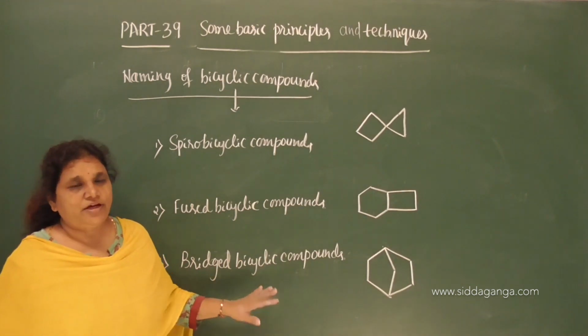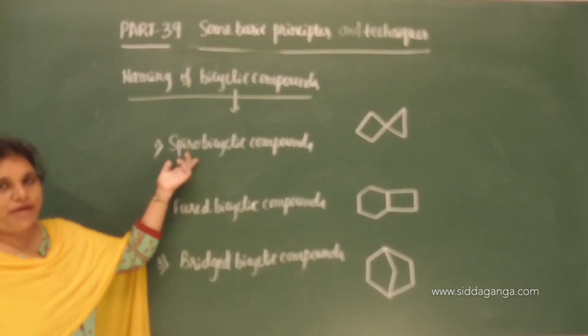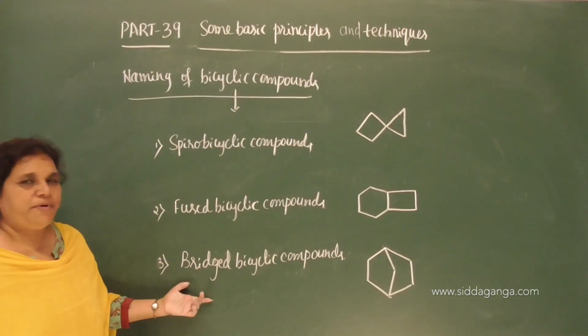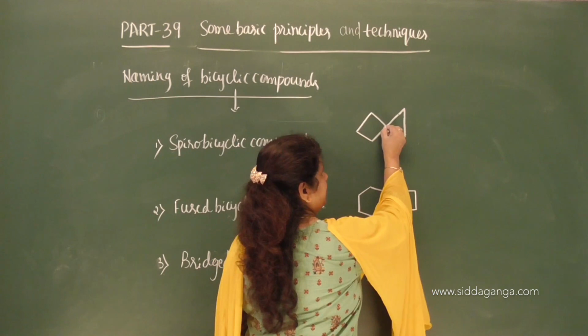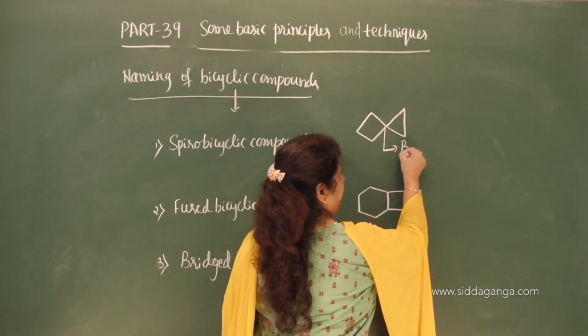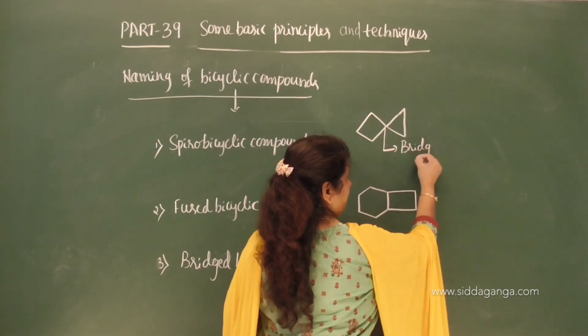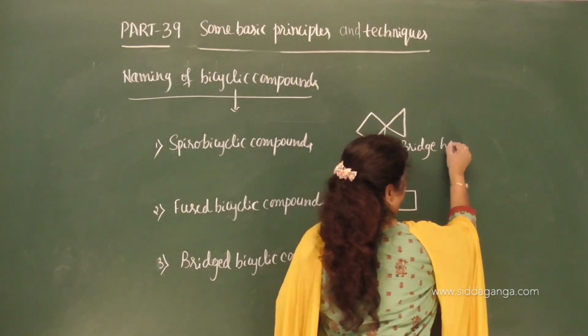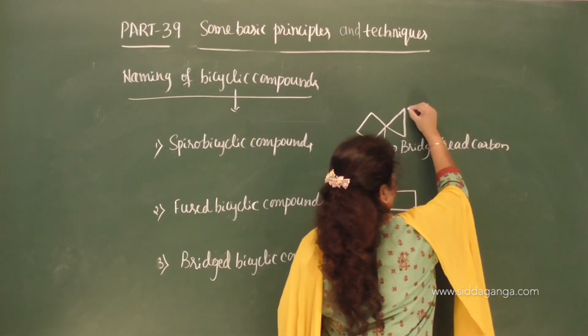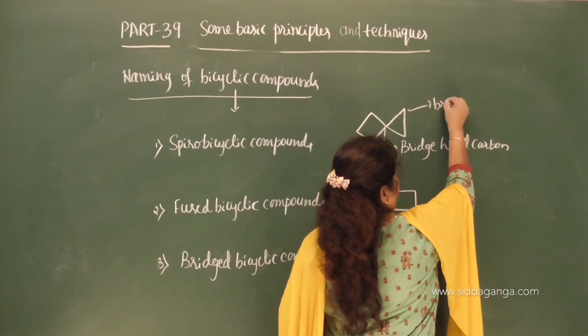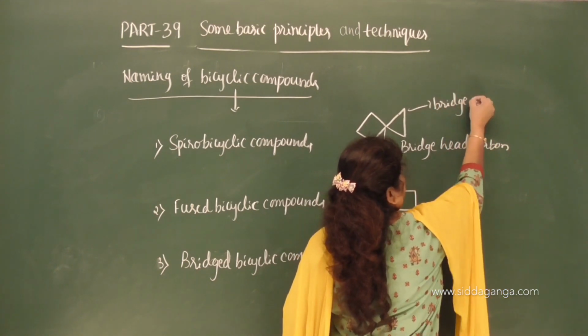On the basis of that, you can classify it as spiro, fused, bridged. In spiro, only one carbon atom. This is called bridge. Bridge head carbon, and these are called bridge carbon.